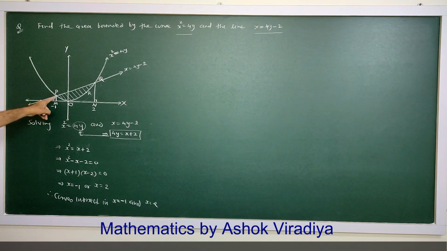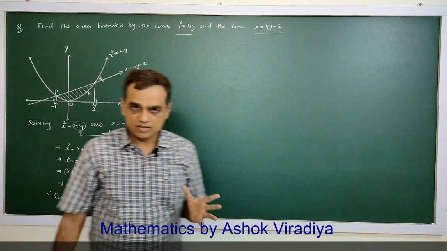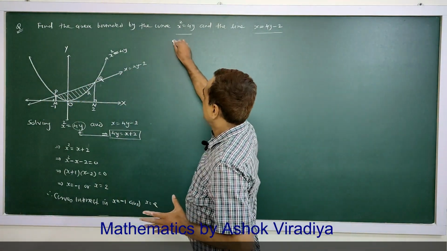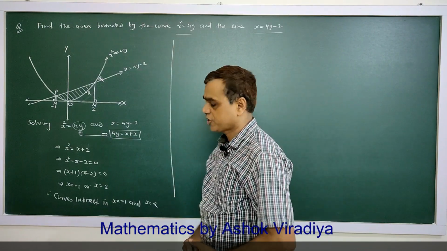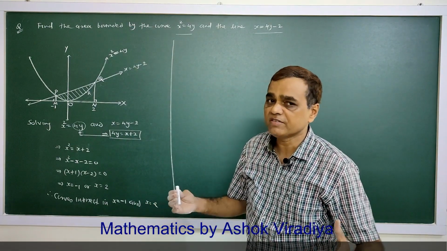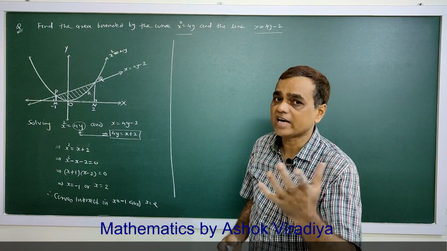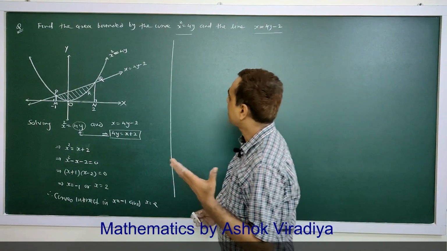This point has x coordinate minus 1, this point has x coordinate 2. So after getting points of intersection, in calculation we will require values of y. So let me get y.